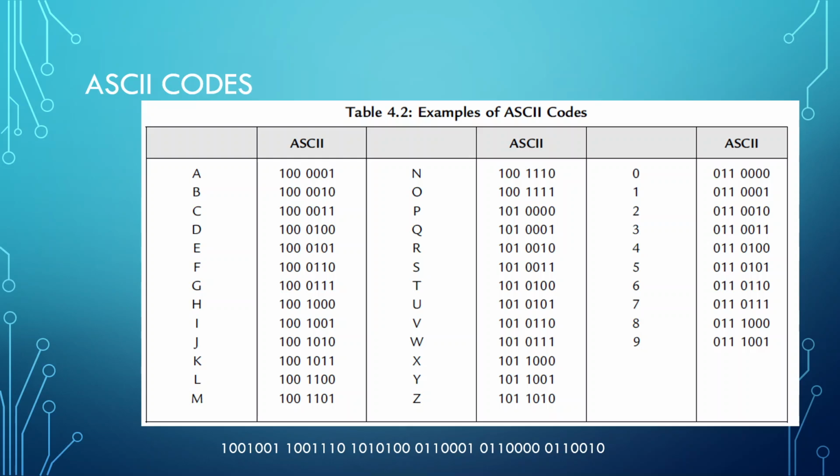We have this table that says, hey, I need to transmit this data over a serial connection from computer A to computer B, and I'm going to send 1001110. The receiving computer is going to go, oh, okay, that specific pattern of code means N.